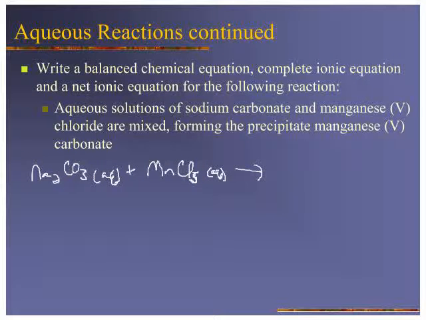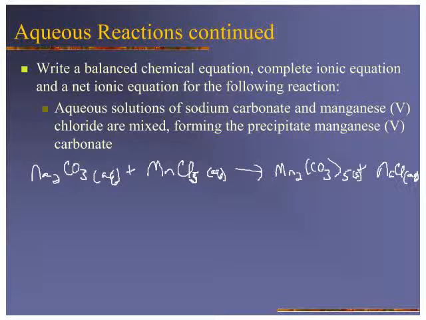It is making manganese 5 carbonate, Mn2(CO3)5, which is a solid. And you can't forget what was left over. Sodium chloride is your other product, and that's aqueous.